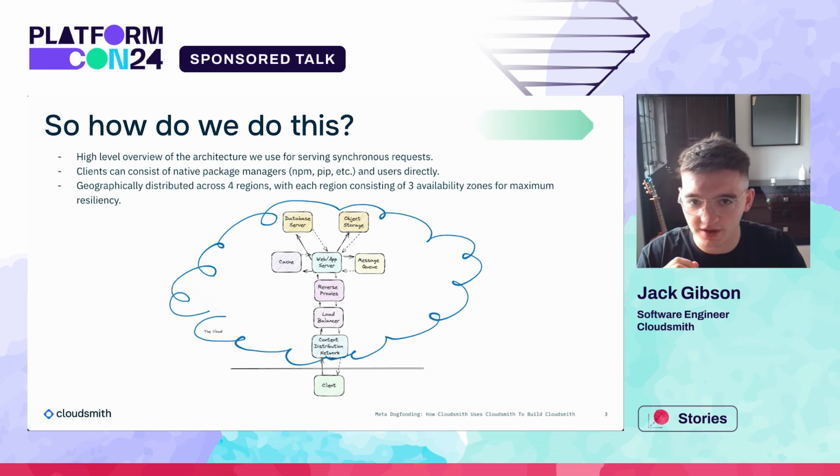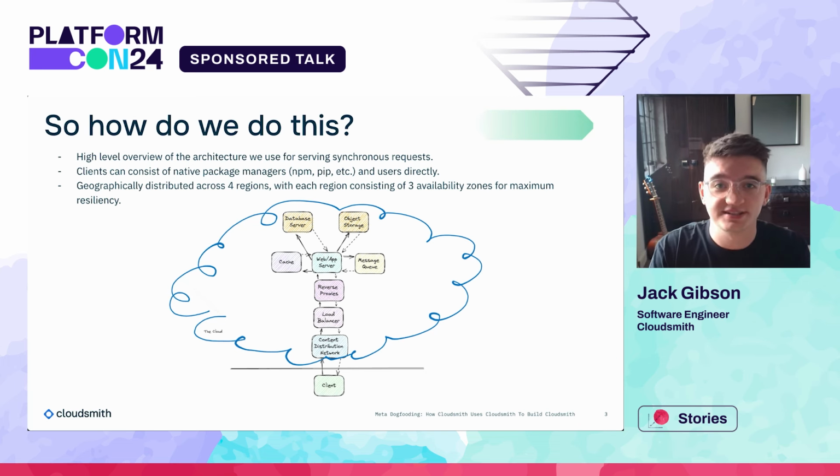So let's talk about what actually happens when, for example, a client requests an artifact from Cloudsmith. Well, the first thing that happens is the client is routed to the nearest CDN location, utilizing the 600 points of presence across 47 different countries that CloudFront can provide for us. It's really the first point of contact for our customers and enables super fast content delivery.